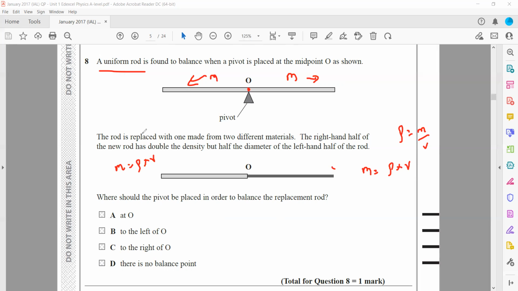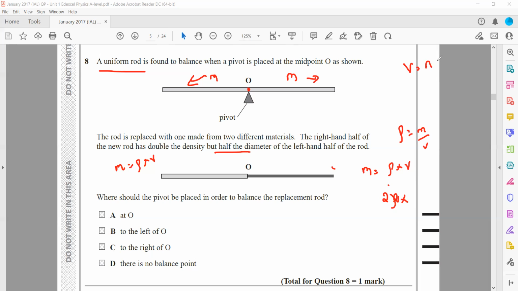They mention the rod is replaced by one made from two different materials. The right hand half of the new rod has double the density, so its density is twice, but half the diameter. If we halve the diameter, what will happen to the area?